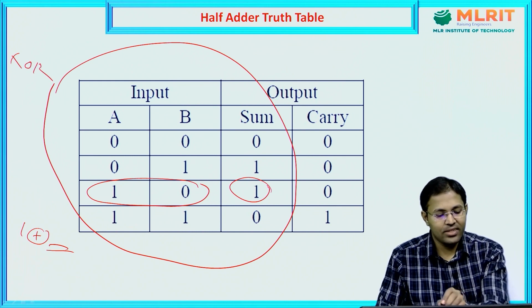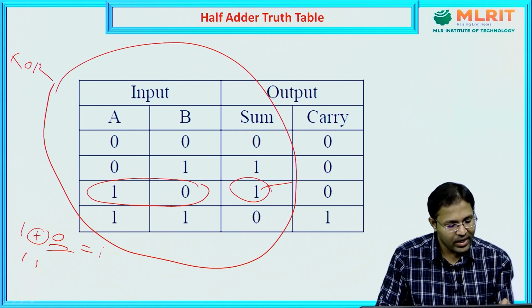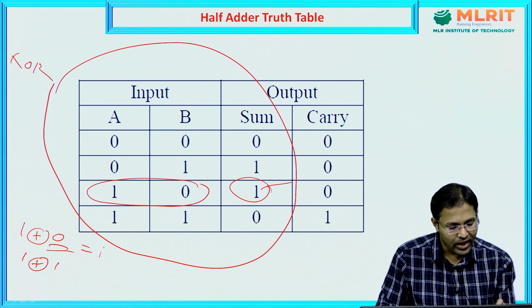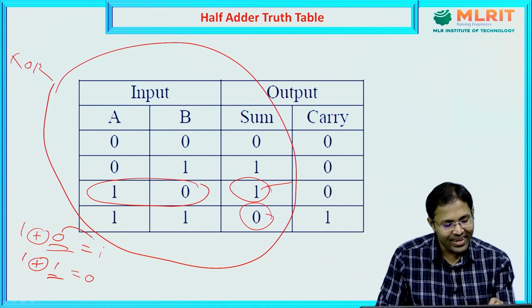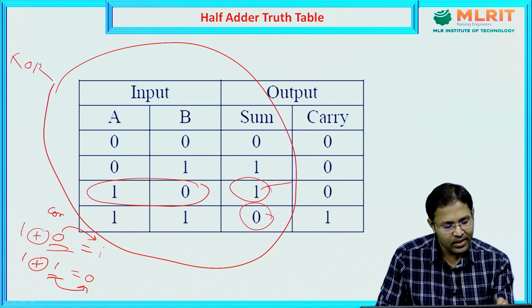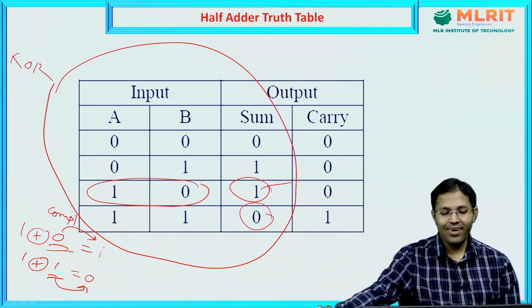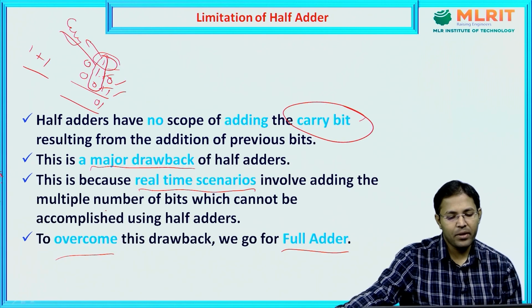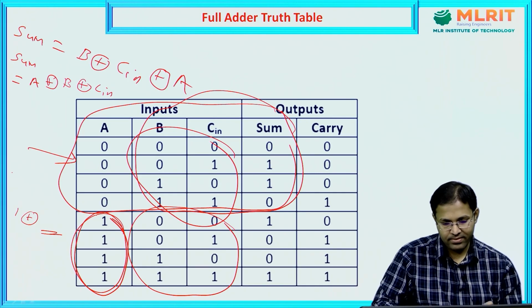So, 1 XOR 0 is giving 1. Next, 1 XOR 1 is giving 0, means the value is getting complemented, right. Now, let us see whether the same complement is happening in this table or not.